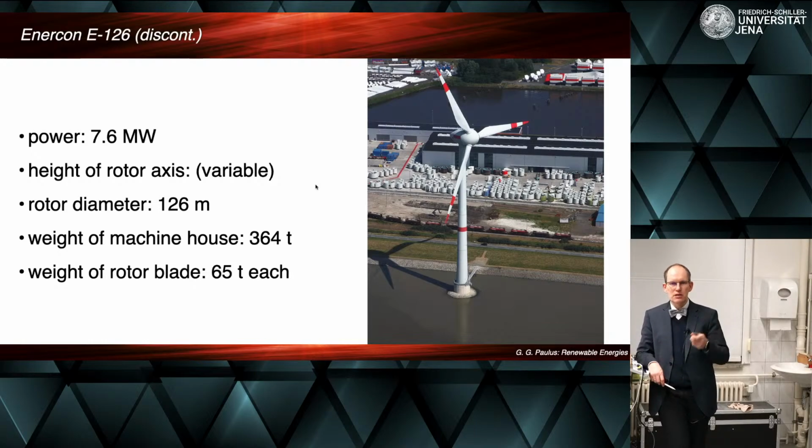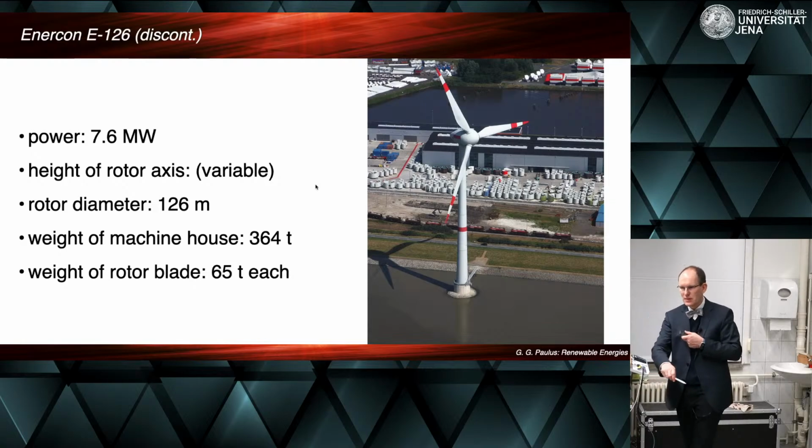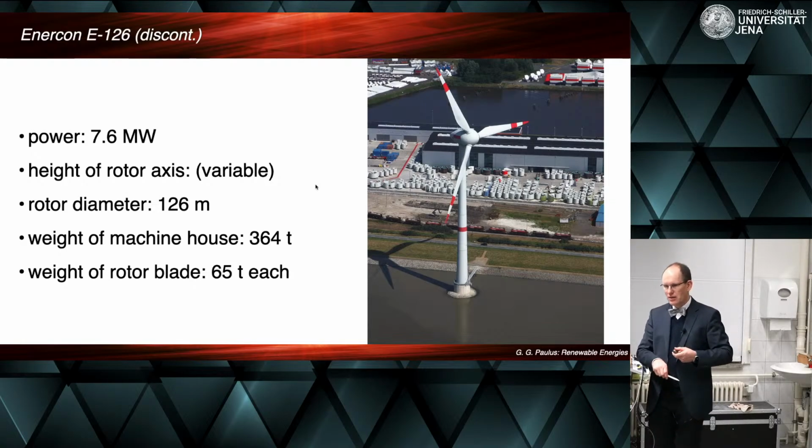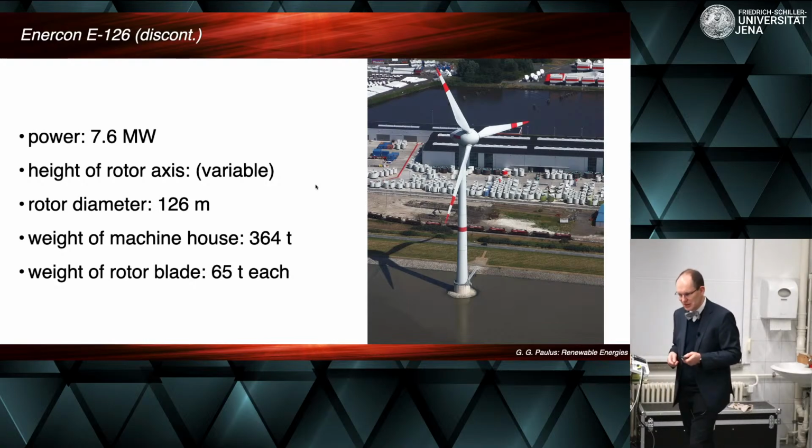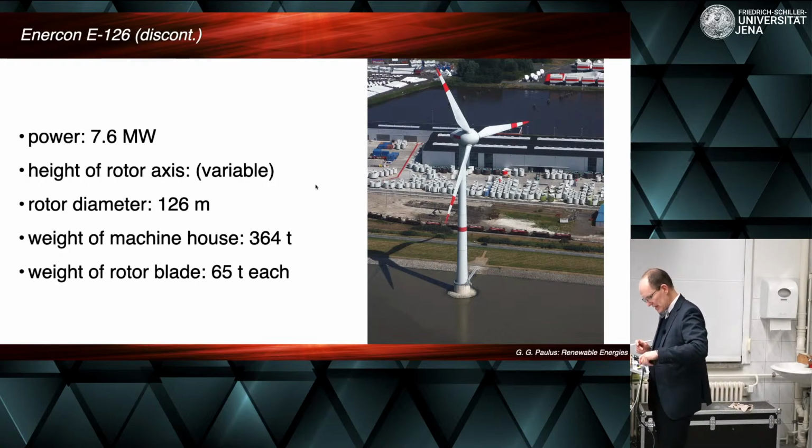And if you drive on the A9 close to, before Leipzig, there's the wind park Stößen, and there you can see 3 of these machines. If you look at them, they kind of look gedrungen. So they are not so elegant as other machines.